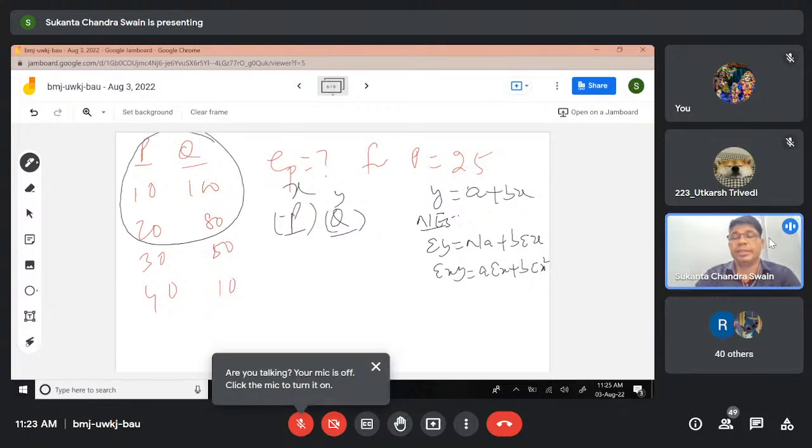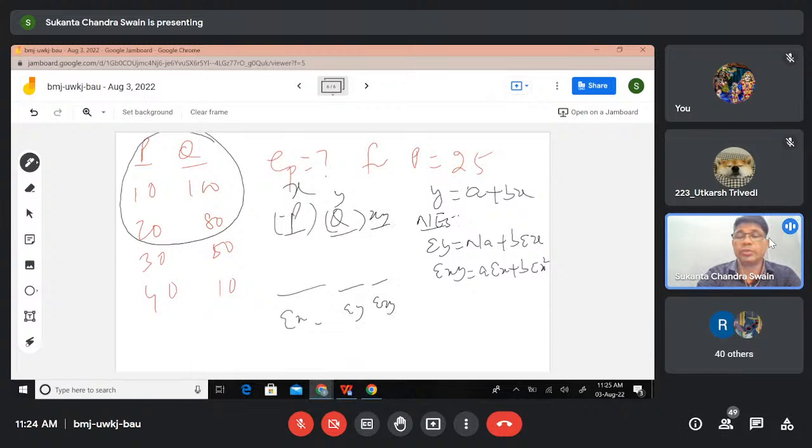Then we will have summation x, summation y, then xy, summation xy, x square, summation x square. And n in this example is 4. By putting all the values over here, you can solve and find the A and B.